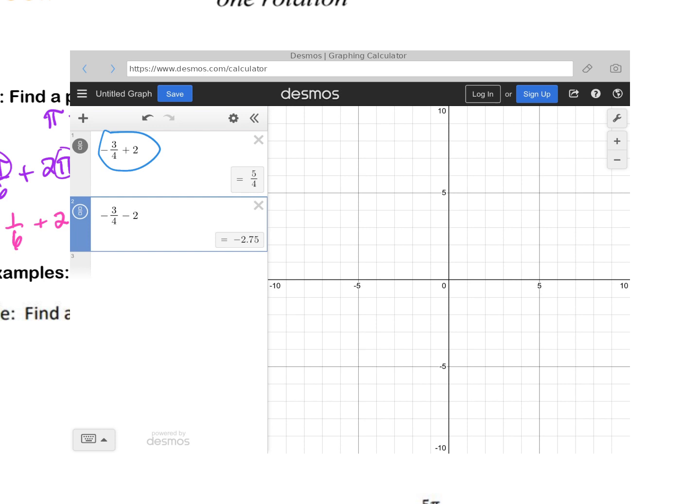And then we're going to change it to a fraction. So it's going to be 5 over 4. And then might as well just do the one where you subtract the 2 pi. So if we press on the fraction bar, you're going to get negative 11 over 4. So it's going to be 5 pi over 4 for the positive, and negative 11 pi over 4.